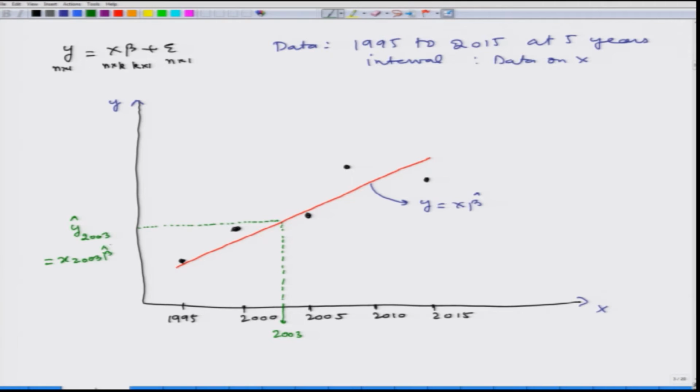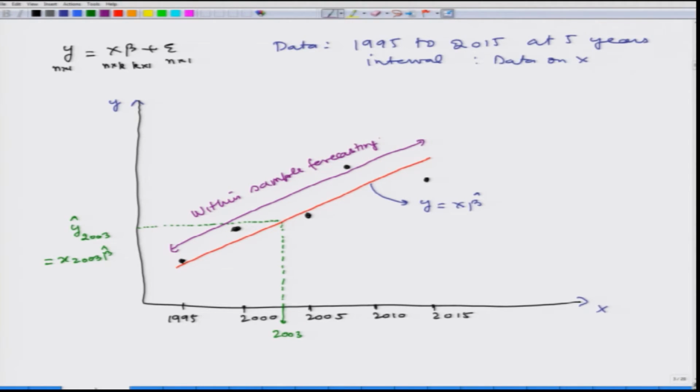In this case, we are forecasting a value of y for the given range of x, which is from 1995 to 2015. So, this is called within sample forecasting. If someone forecasts any value between 1995 and 2015, that will be within sample forecasting.